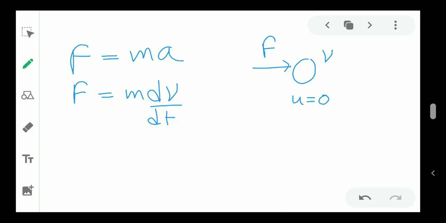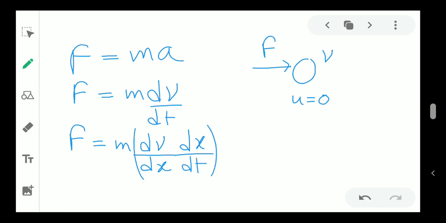Going a little deeper into this differentiation, we can write this equation as dv by dx and dx by dt. So instead of dv by dt, we are writing dv by dx and dx by dt.